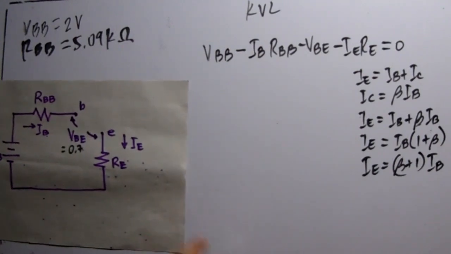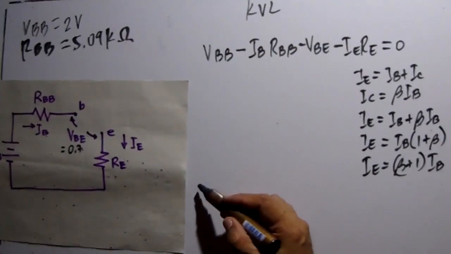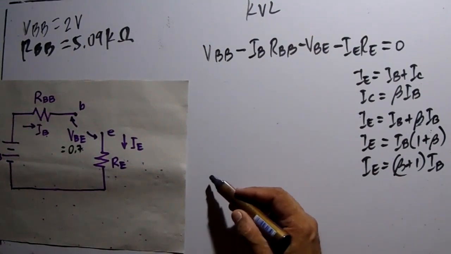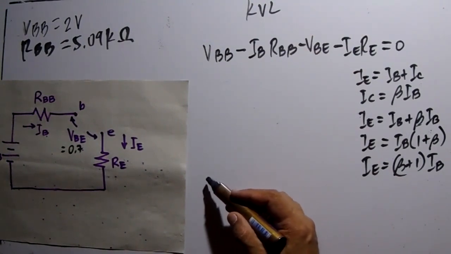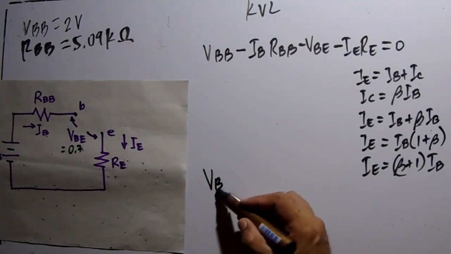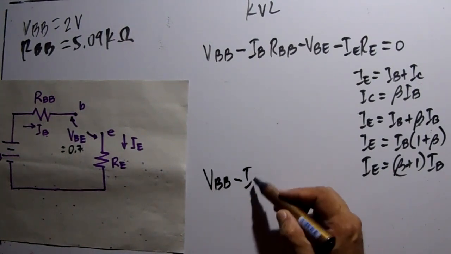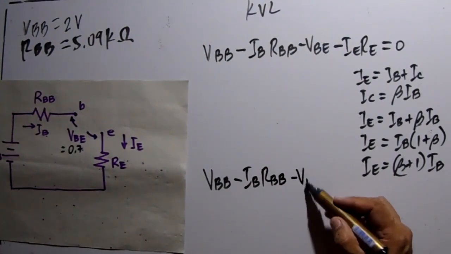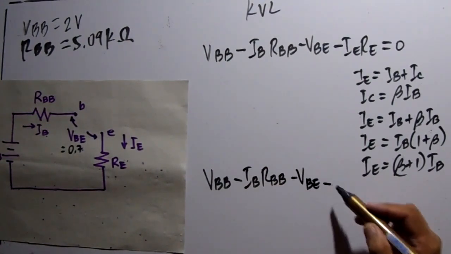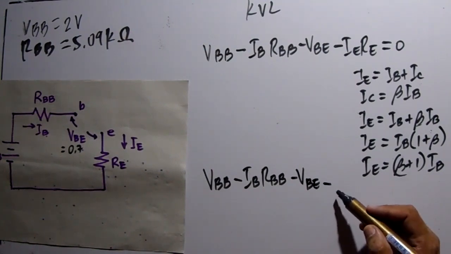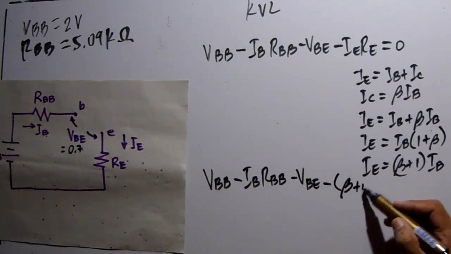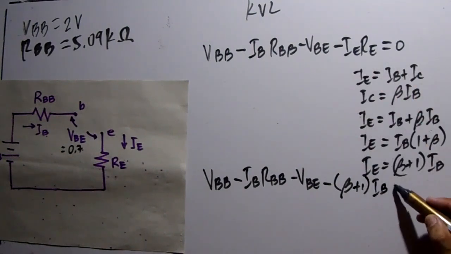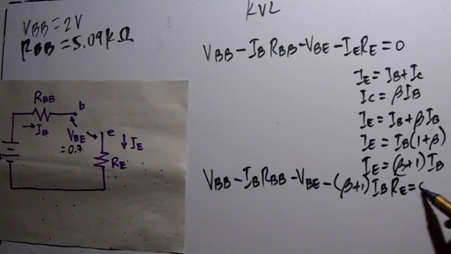Such that our equation becomes VBB minus IB RBB minus VBE minus this value, beta plus 1 IB, multiplied by RE equals 0.